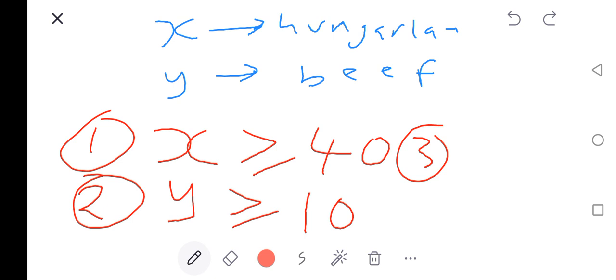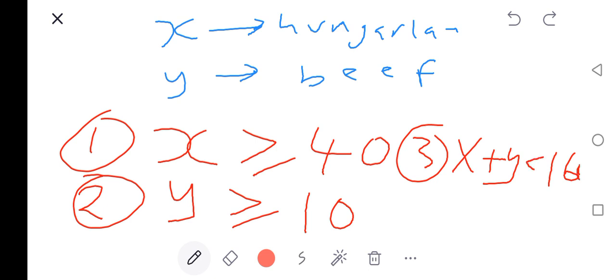She prepares not more than 160 sausages altogether. Pause there. Altogether means X plus Y. Altogether means X plus Y. I've heard the number, 160.